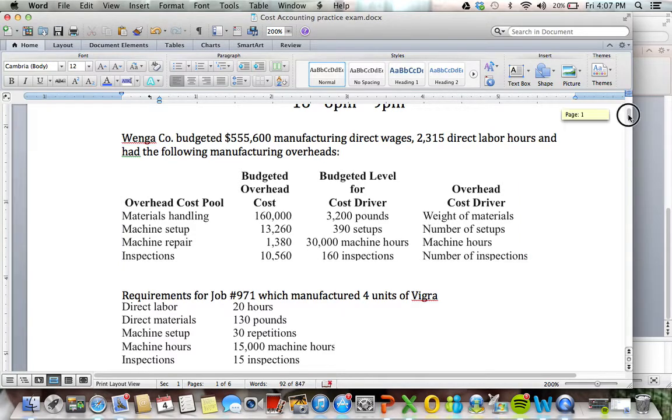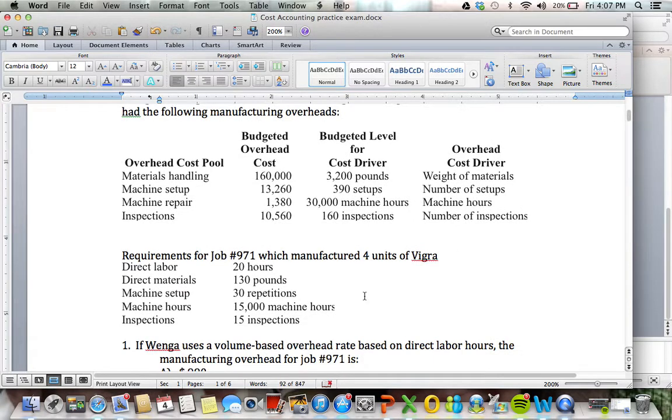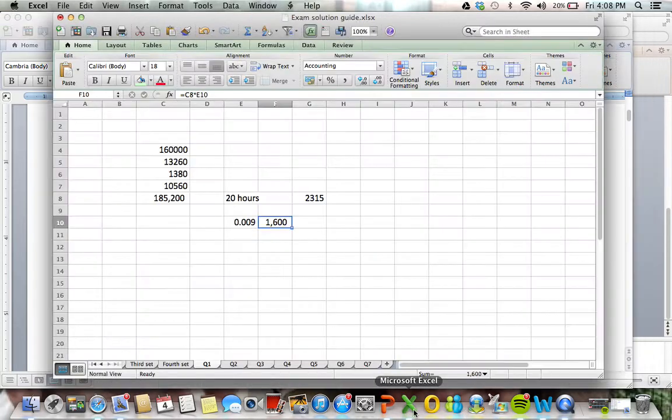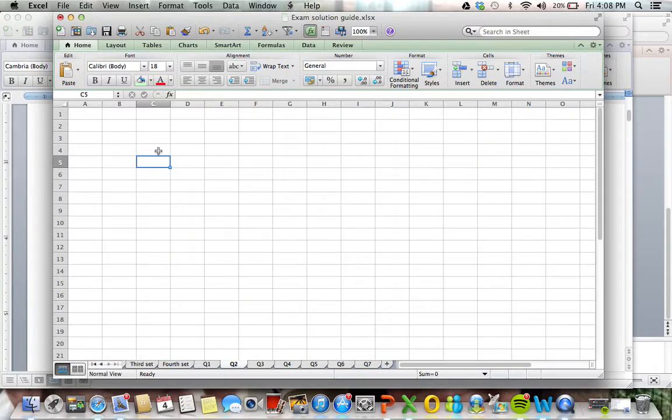Okay, weight of materials, and total materials here in the job is going to be 130 pounds.